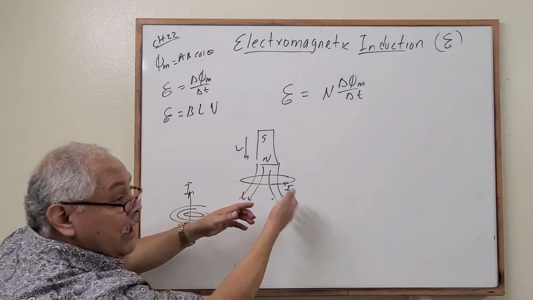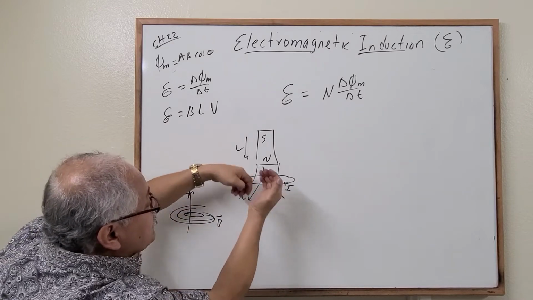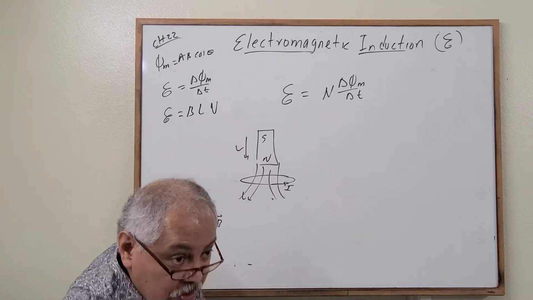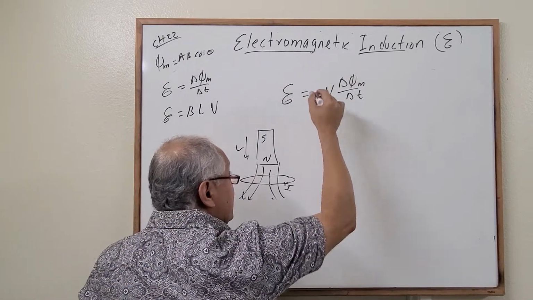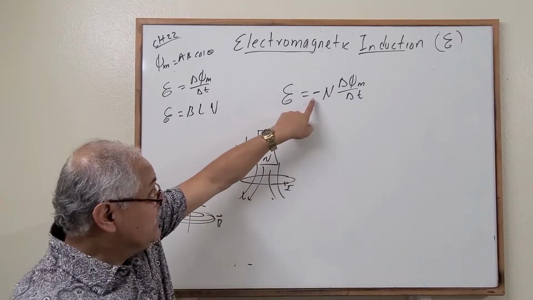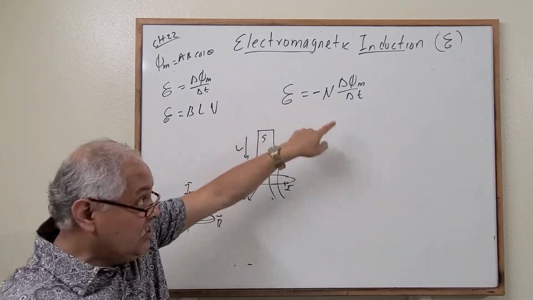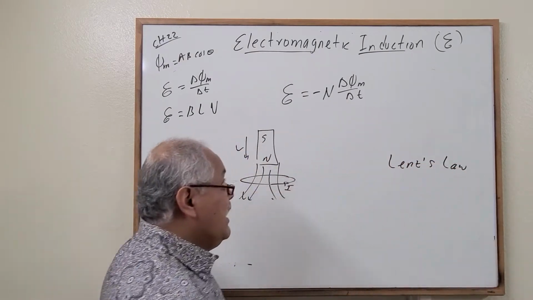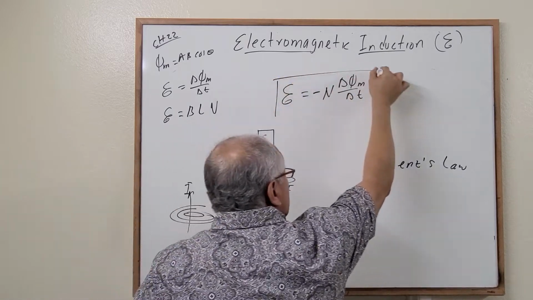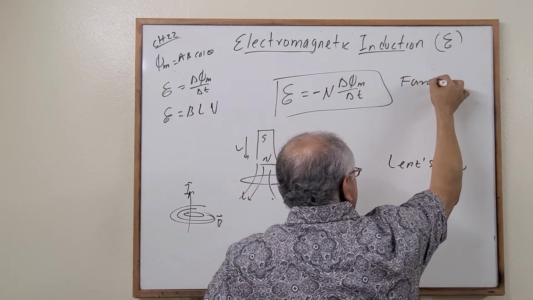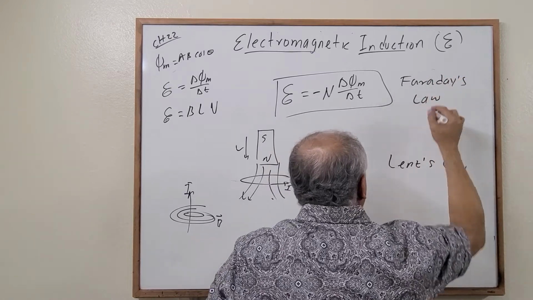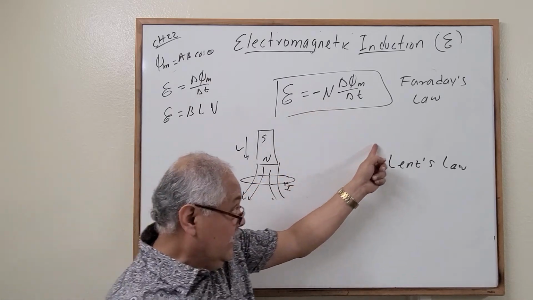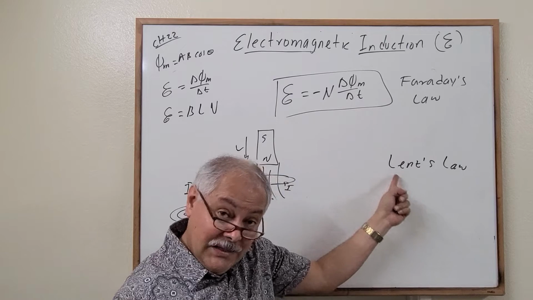What is happening is the opposite. The current goes in this way to oppose the change of the external magnetic field. And to represent that, we use the negative sign right here. This negative sign is called Lenz's law. And the whole thing is called Faraday's law. But this negative sign is called Lenz's law.